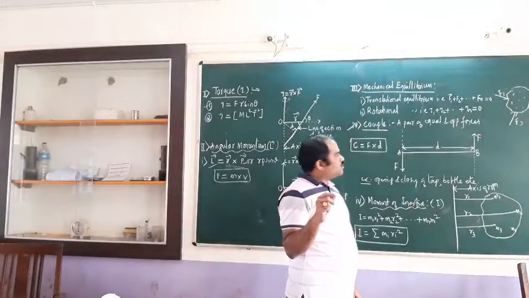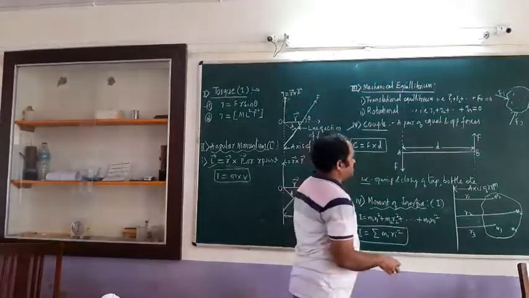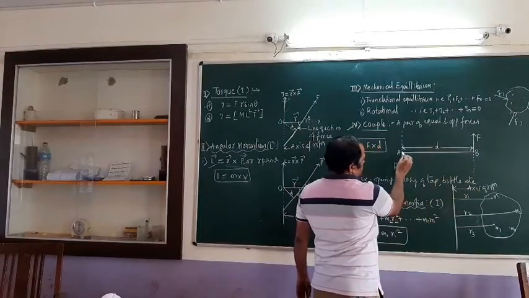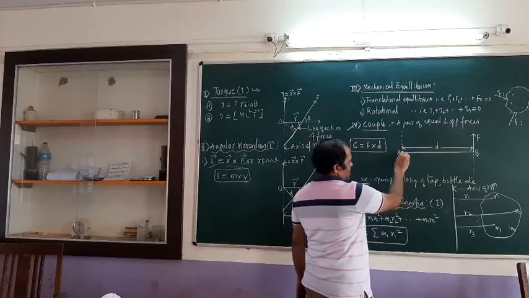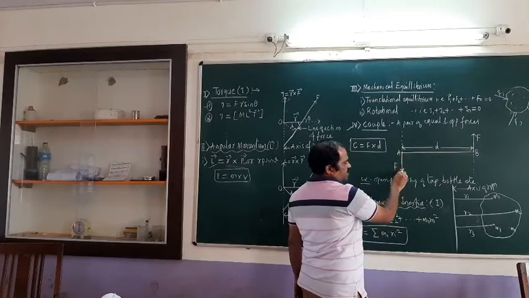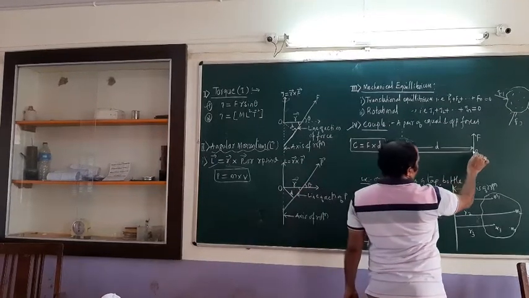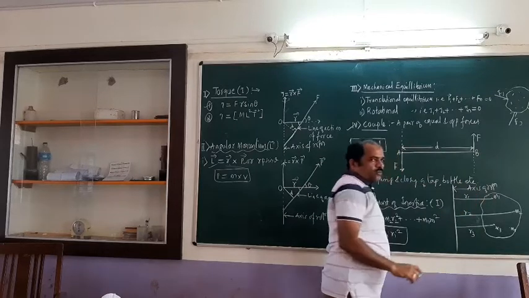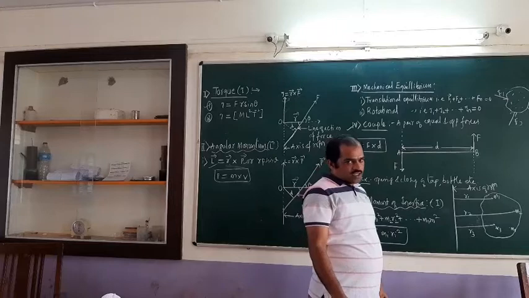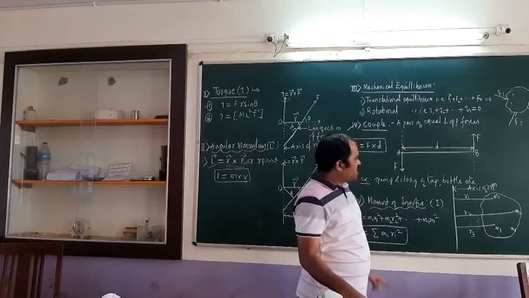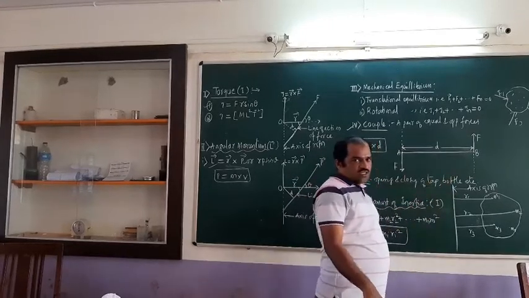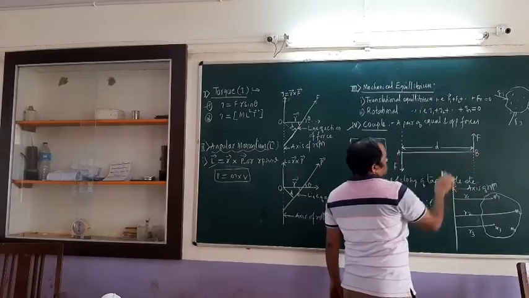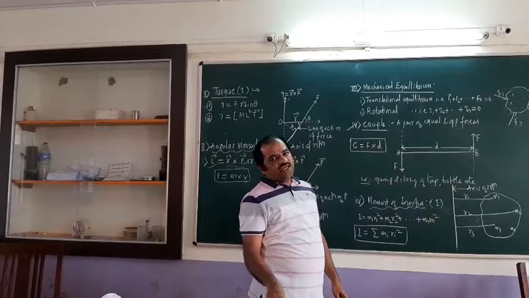For example, suppose a rigid body is there. This is one point A. At A there is a force F in one direction, and at another point B there is a force in the opposite direction. Both forces are equal in magnitude but opposite in direction, acting at two different points. This is what we call a couple.